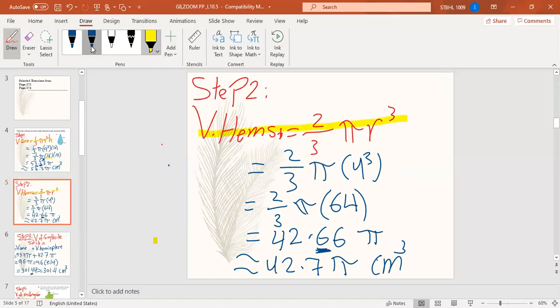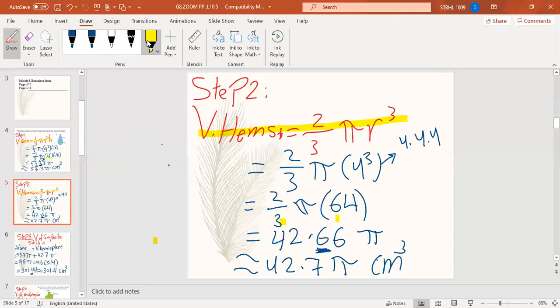And here r cubed means repeated multiplication, r times r times r, which is 4 times 4 times 4. 4 times 4 times 4 is 64. So 2/3 pi times 64. We will multiply 2/3 times 64, which is 42.66 pi.